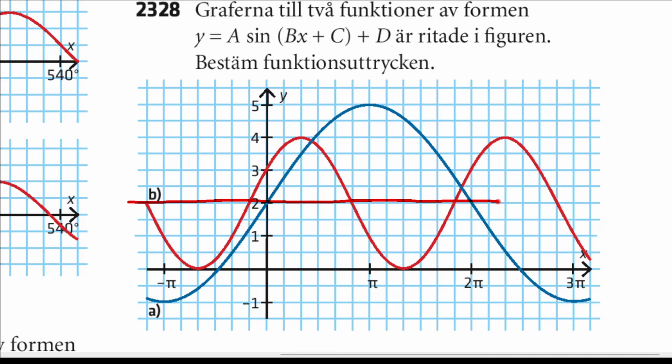What is the role of the guideline? The role of the guideline is to think about the guideline as your new x-axis. If you think in that way, how much is the shift? Look at the blue curve. No shift. Do you agree? Because this is the point where the blue curve intersects with the guideline. So there are no shifts.